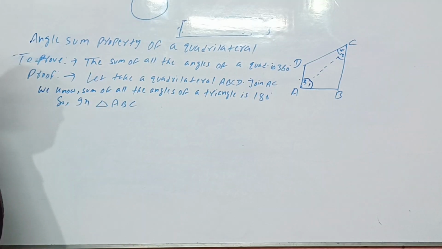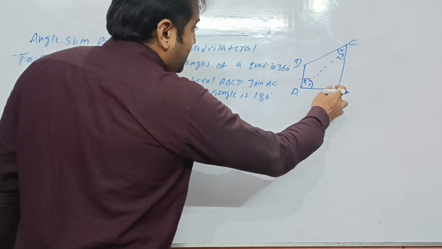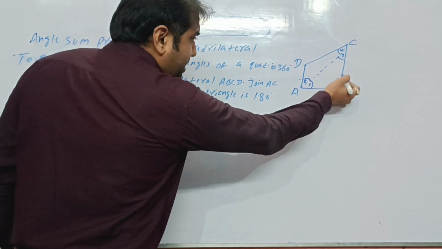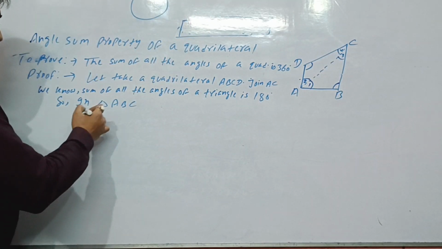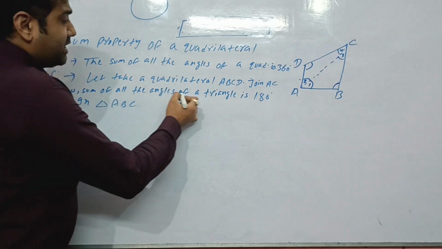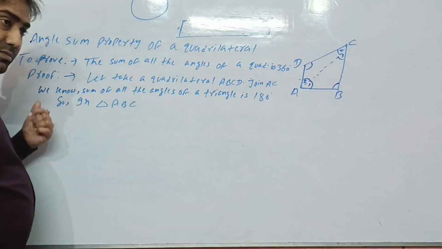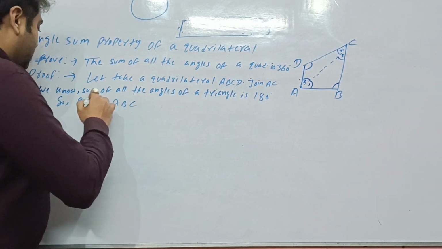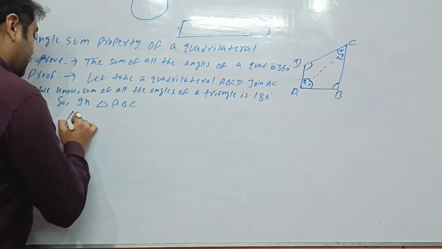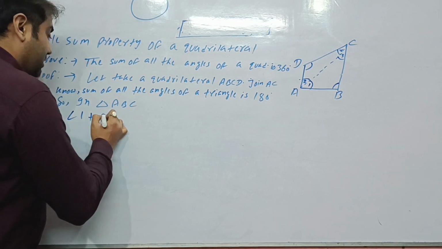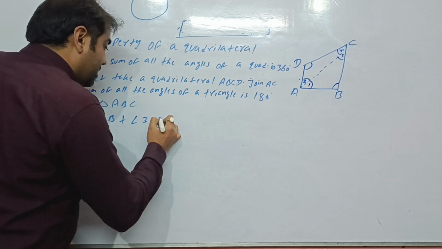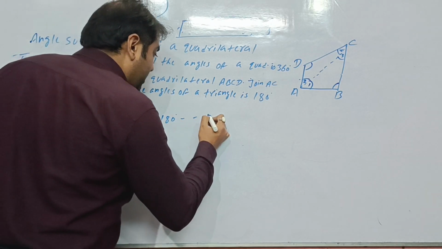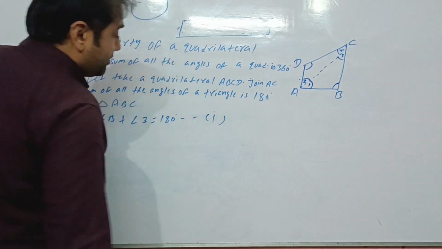Now what we see, in triangle ABC we have angle 1, angle B, and angle 3. So what we write here, the sum of all the angles of a triangle is 180 degrees. We know, so in triangle ABC, angle 1 plus angle B plus angle 3 is equal to 180 degrees. Mark it as equation 1.